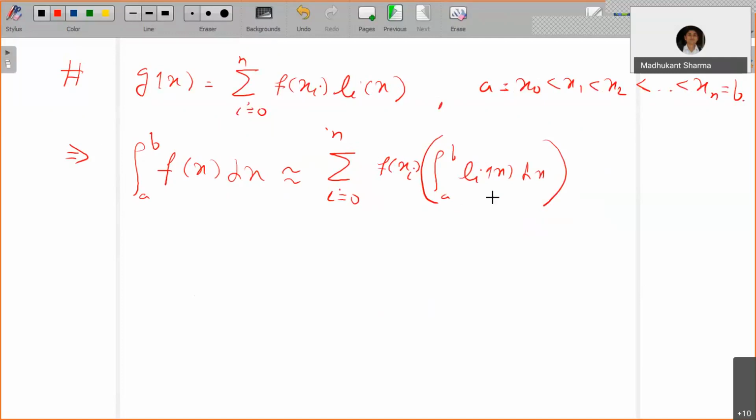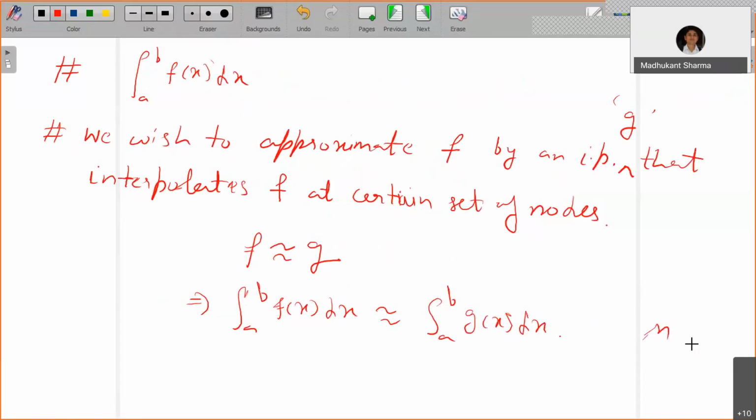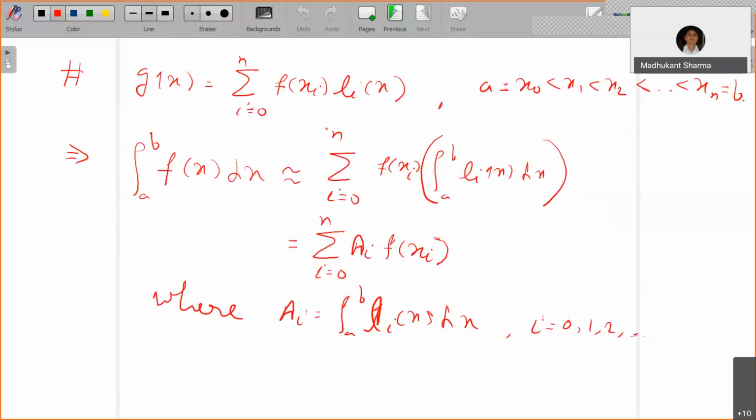Now if you integrate with respect to x, this will be a real number, so we are going to replace it by capital Ai times f of xi, where Ai is equal to integration a to b Li of x dx, i equals 0, 1, 2, and so on n.